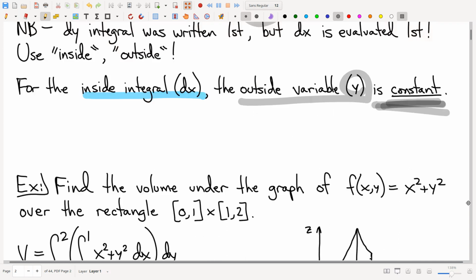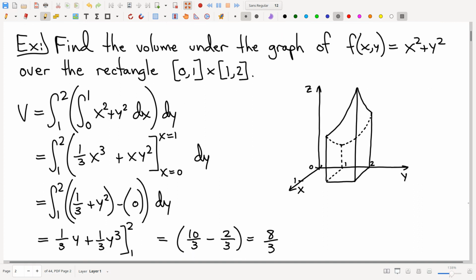Let's crank one out. Let's compute the volume under this graph. So function given, graph makes a surface. We're going to look over a certain rectangle. This is the rectangle in question. By the way, let me talk about that notation. It's a very handy notation.